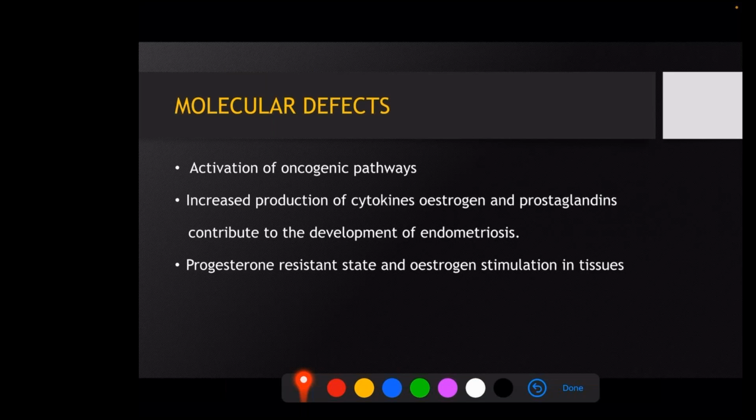But in endometriosis, there is a progesterone resistant state which prevents the weakening of the estrogen stimulation in these tissues. It has been suggested that endometriotic tissue as well as normal endometrium produces prostaglandins. This may adversely affect ovum pickup or tubal motility, even in the absence of obvious impairment from adhesions.